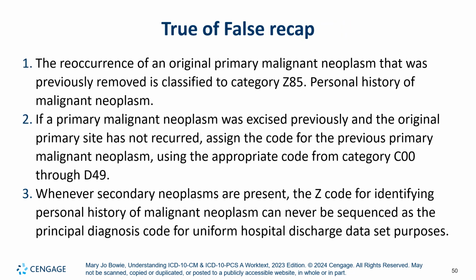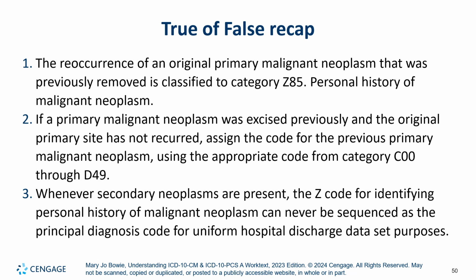All right, so here's a true-false recap. Number 1: the occurrence of an original primary neoplasm that was previously removed is classified to Z85, personal history. That is false, because when there's recurrence, then we would use our malignant neoplasm code.